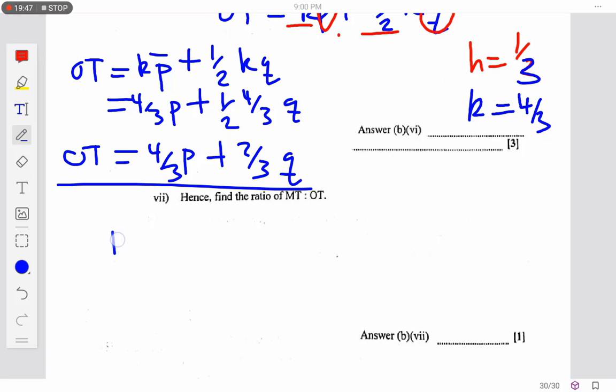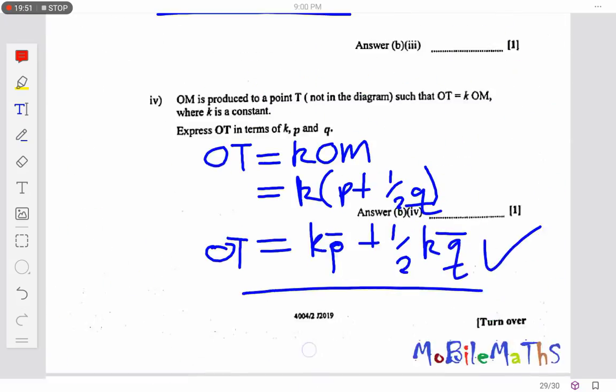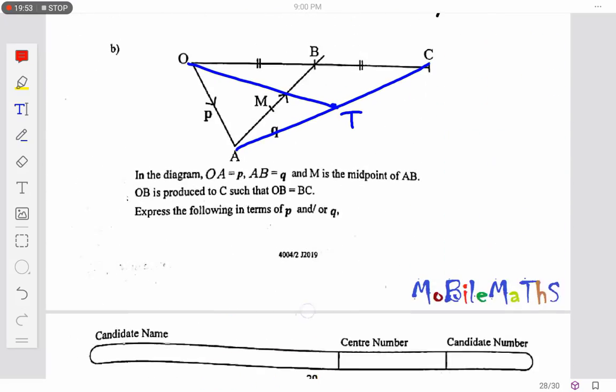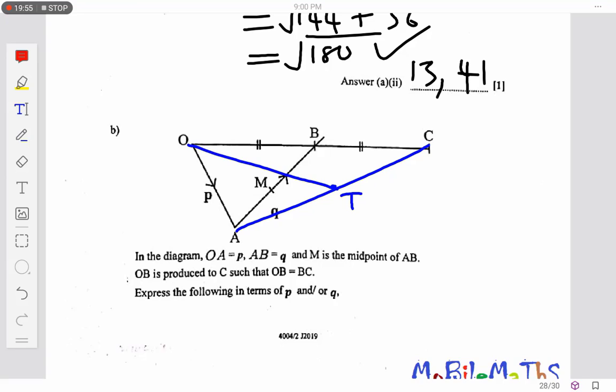Let me find my MT. MT is equal to, let's go to our diagram. You find out M to T is this direction. So for me to move from M to T, I can say MT is equal to MA plus AT. So let's find out the value there.